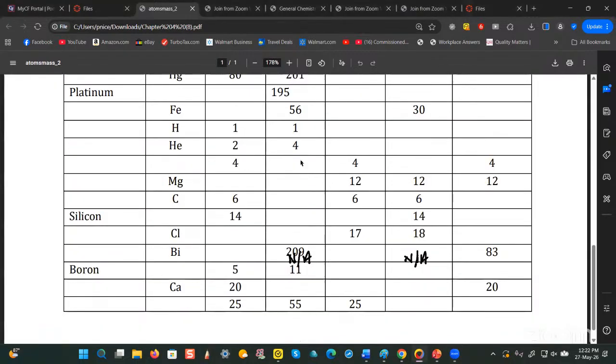Your mass number is not given, and the number of neutrons is not given. So that's another one where you cannot determine either. And calcium too. Yeah, you're right. For calcium, you're not given the mass number and you're not given the number of neutrons. So you cannot determine either.